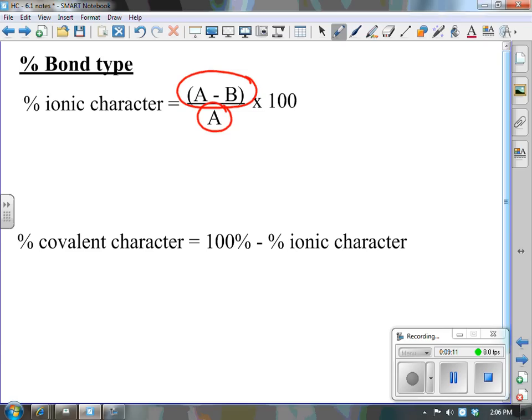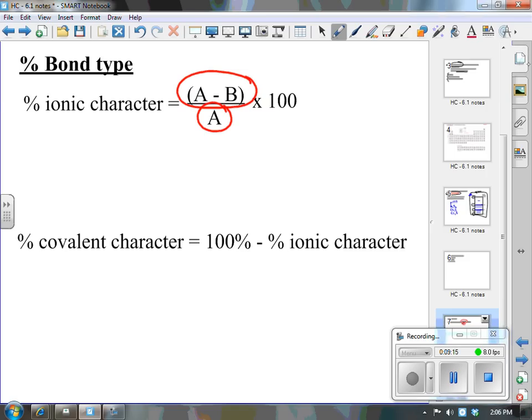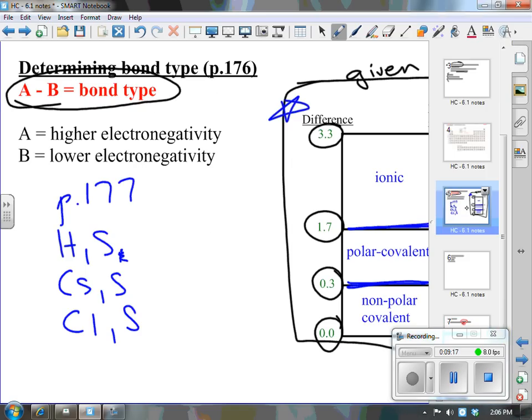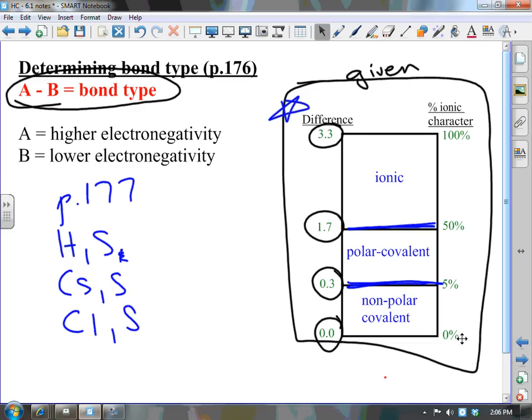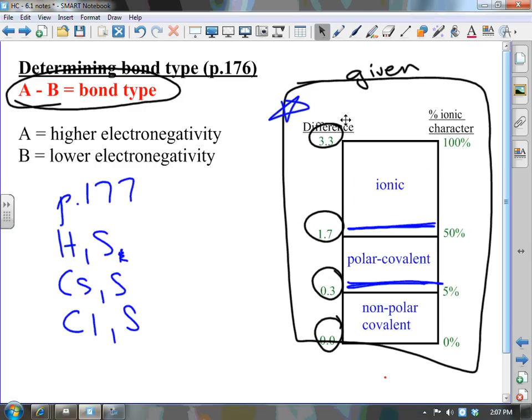So if you look back on page 176, or this chart, here's what we'd expect to see. If we have a big difference, then we're going to have a pretty high percentage. If we have a value of 1.7, then it's pretty close to 50.